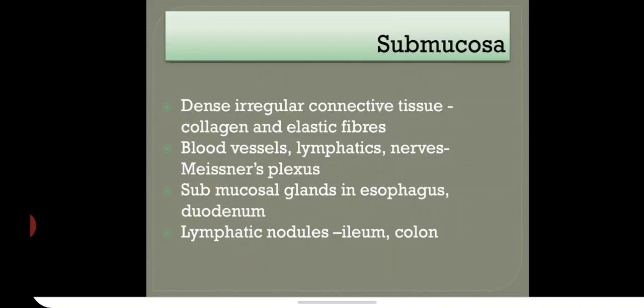Submucosal glands are present only in two parts of the GIT, esophagus and duodenum. In the remaining parts of the GIT, the glands will be present in the mucosal layer, in the lamina propria. And in the submucosa of the ileum and colon, you can observe lymphatic nodules. So these are the features of the submucosa of the GIT.